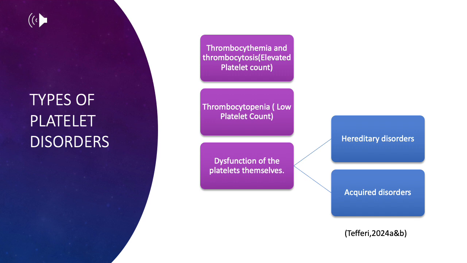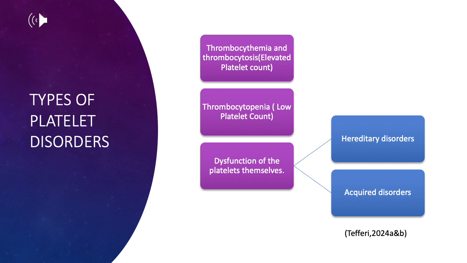Essential thrombocythemia is a myeloproliferative disorder that is essentially just the overproduction of platelets linked to an abnormality in the stem cells of the bone marrow. Whereas reactive thrombocytosis is essentially the overproduction of platelets in response to some other stimuli. It could be infection or inflammation.